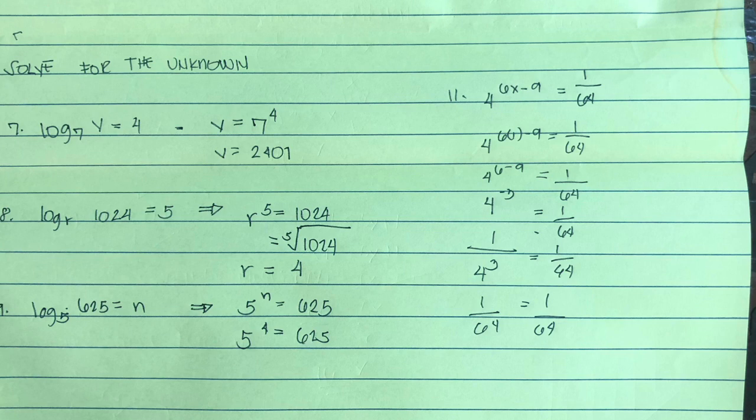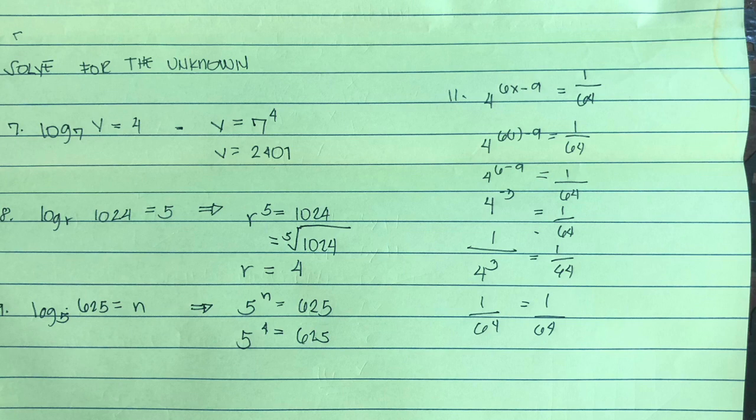And lastly, logarithm of 625 base 5 is n. So here we would have 5 raised to the power of n is equal to 625. We think of a number that we would raise the base to in order to arrive at 625. The suitable exponent is 4.